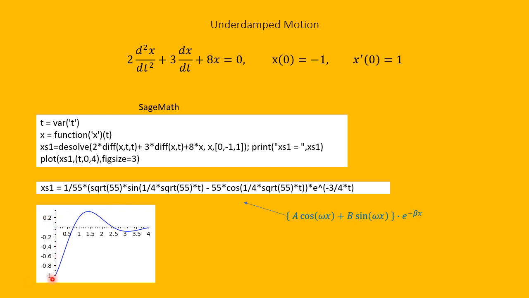And we can see that this starts at -1, the initial condition x of 0 is -1, so the graph of the position starts down here. When t equals 0, x is -1. It goes up and then comes down, and it does more oscillations as you go on, but they get smaller and smaller.